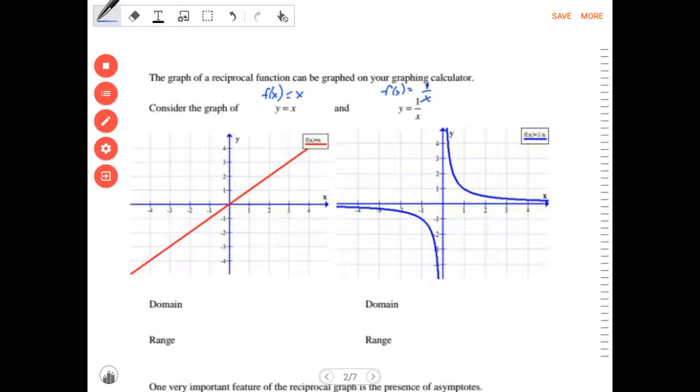Fantastic. Now, I want to talk a little bit about that. Remember, the way I teach this, y and f of x are the same thing. They're replaceable.